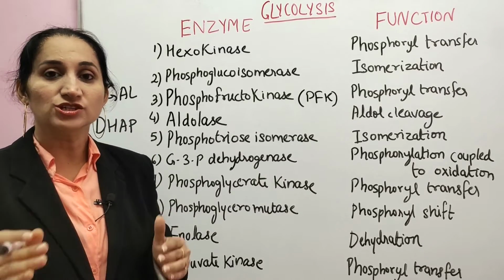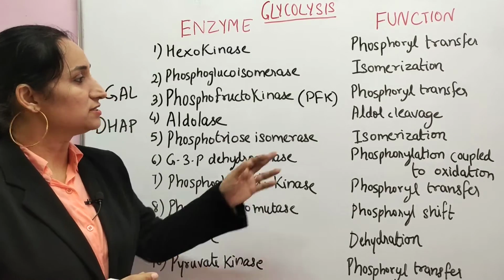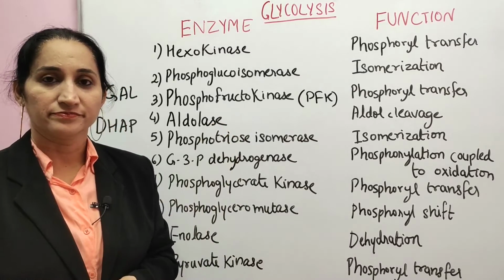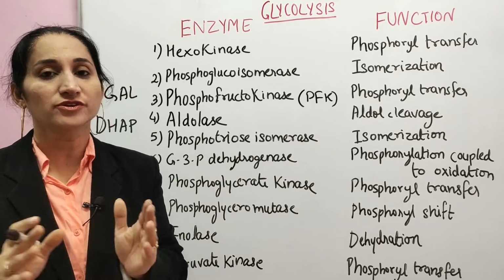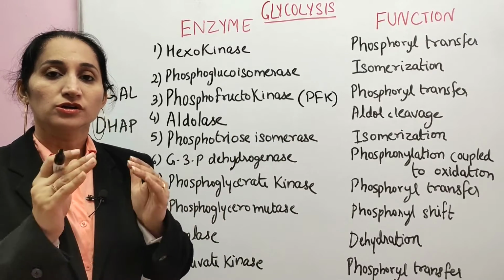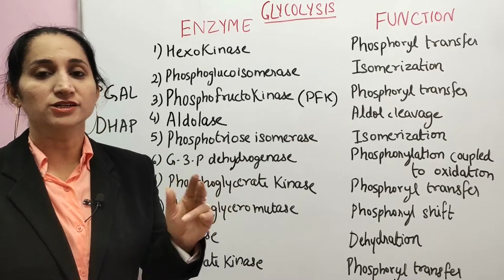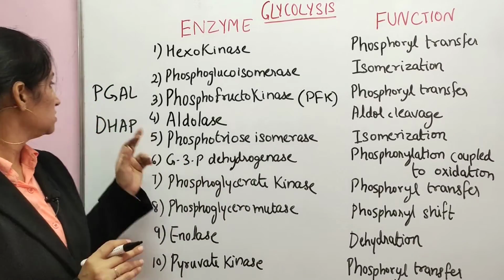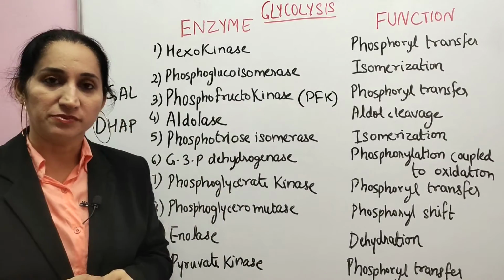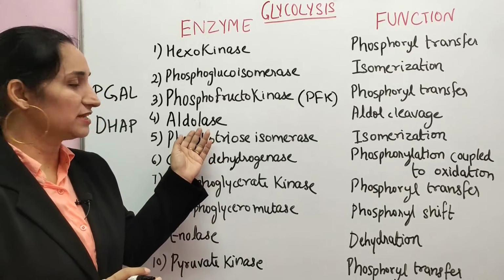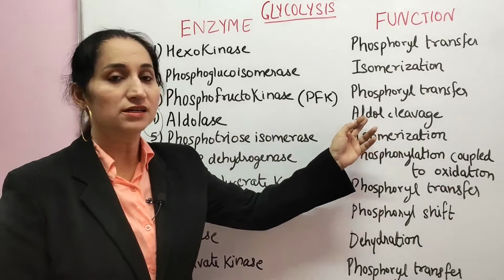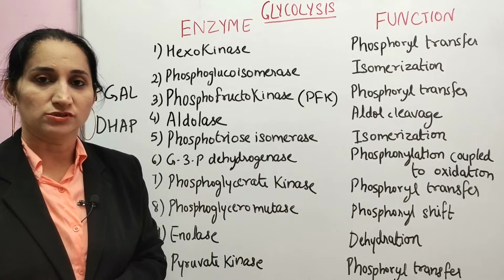The enzyme which catalyzed this reaction is aldolase. Fructose 1,6-bisphosphate is an aldol, so it was cleaved or split into two molecules, PGAL and DHAP. So aldolase enzyme cleaves the aldol compound.